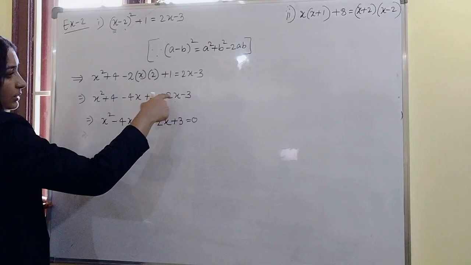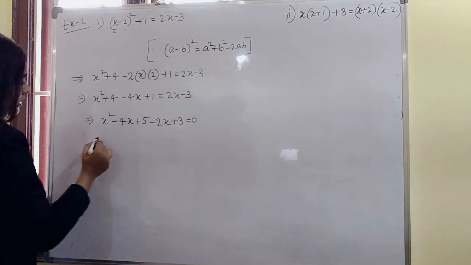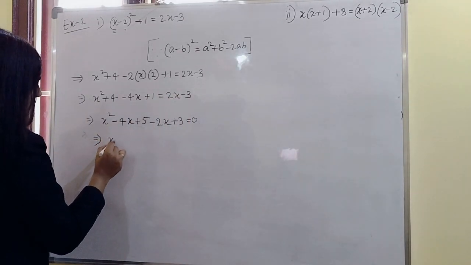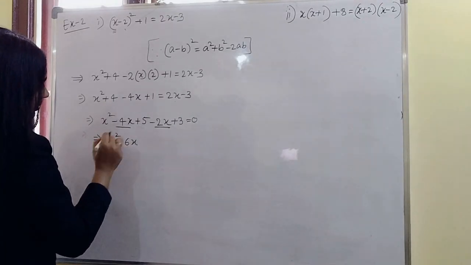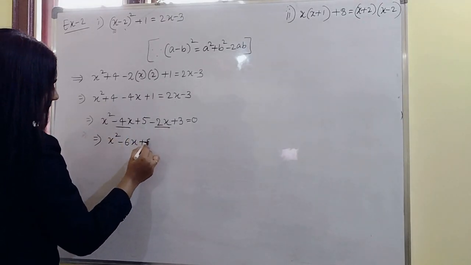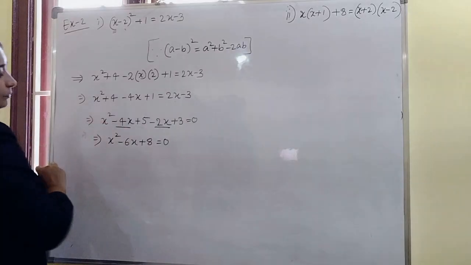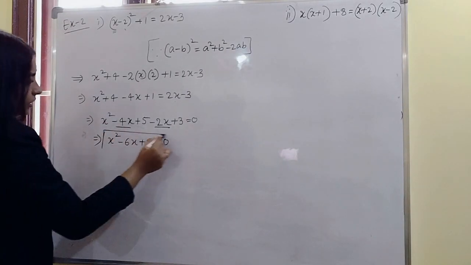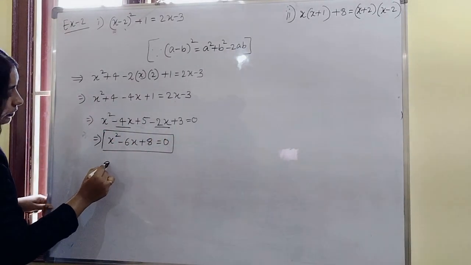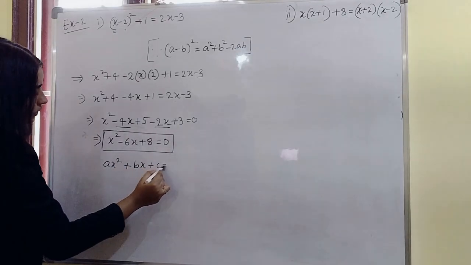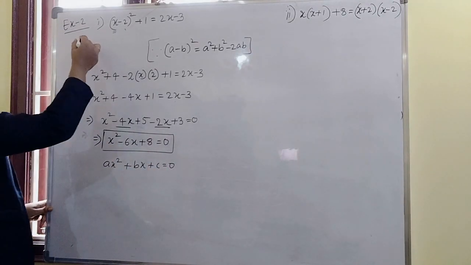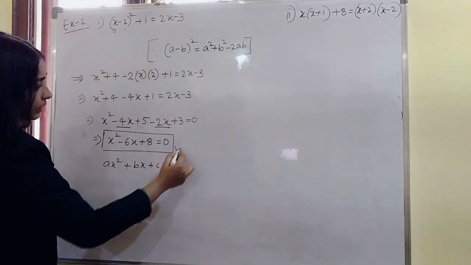So we equate to 0. And x square minus 4x minus 2x is minus 6x plus 5 plus 3 is 8 is equal to 0. So once you check, it is in the form of ax square plus bx plus c is equal to 0. So the given expression is a quadratic equation.